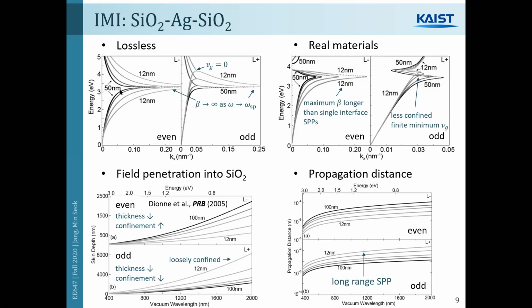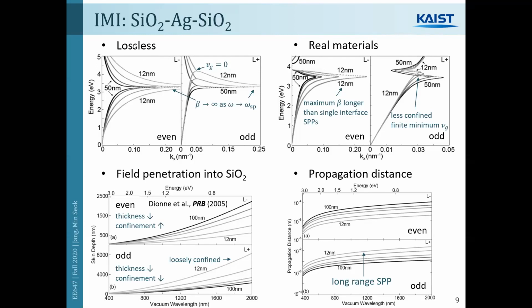Again, the even mode has a longer k vector or lower frequency compared to the single interface plasmon. You can ignore the upper part. And here, the odd mode has higher frequency or shorter wavelength, shorter beta, compared to the single interface plasmon.